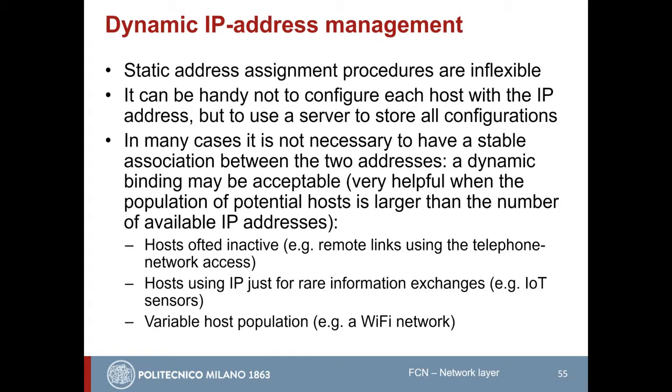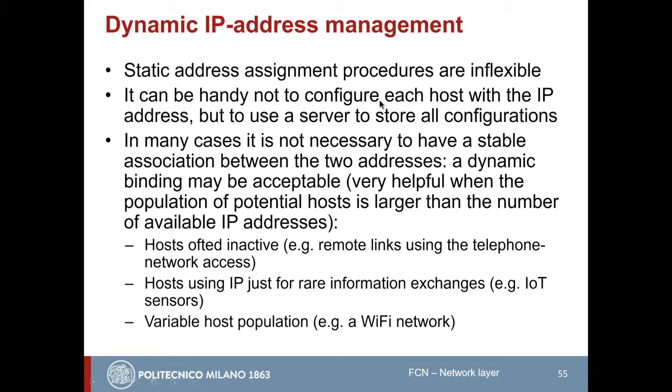Basically, IP addresses can be assigned in a static way, but this, of course, requires a lot of work to directly configure each interface, especially when you have thousands or even hundreds of thousands of hosts, interfaces that are active in a network.